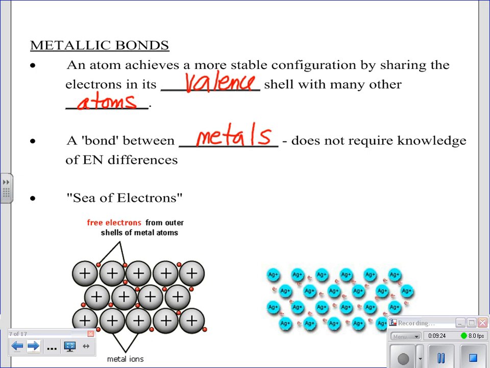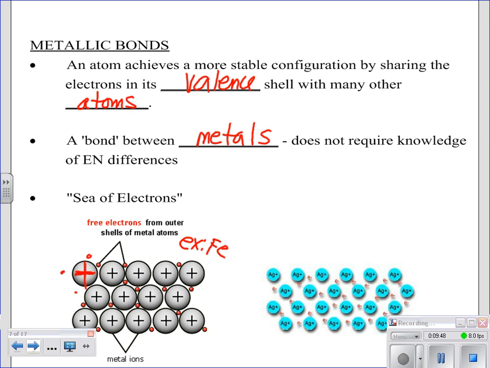But if you were to take a metal, let's pretend this is iron, or maybe it's gold, something like that. What happens is metals give up electrons. So by giving up those electrons they have a more positive charge, and you get all of these extra electrons that are just floating around outside.